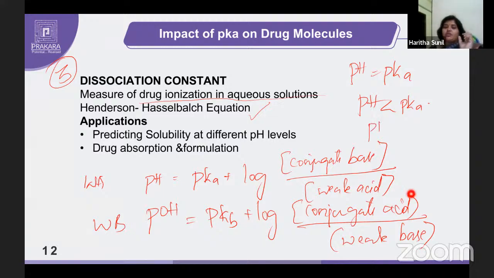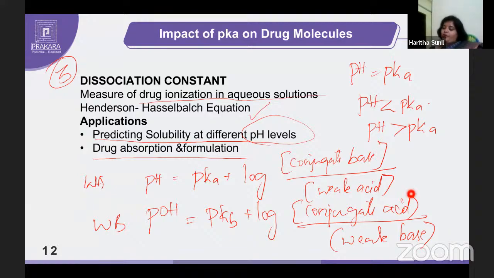And if pH is greater than pKa, then it will be more in the ionized form, which is used for better solubility. And its applications include predicting the solubility at different pH levels, and also it is used in drug absorption as well as formulation.